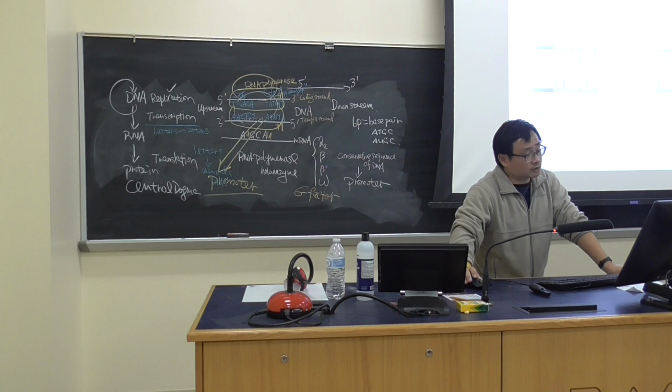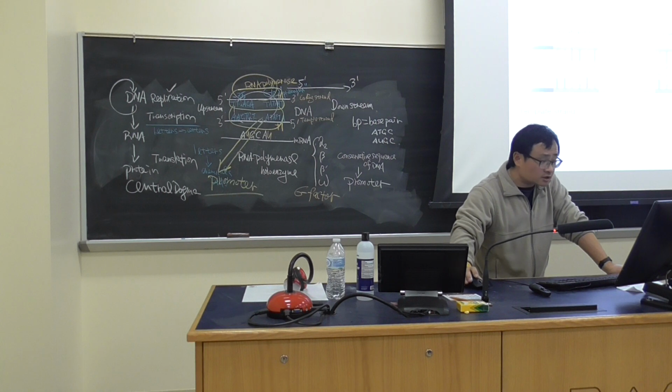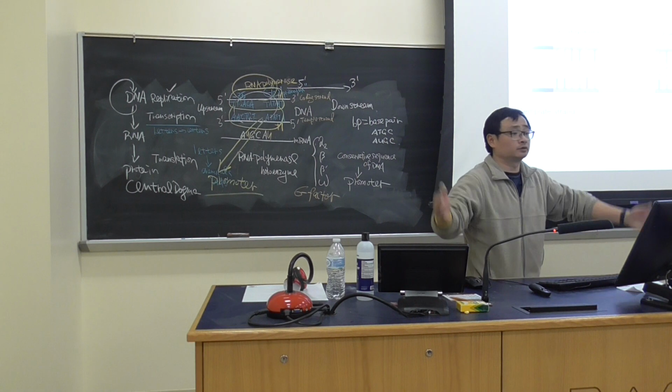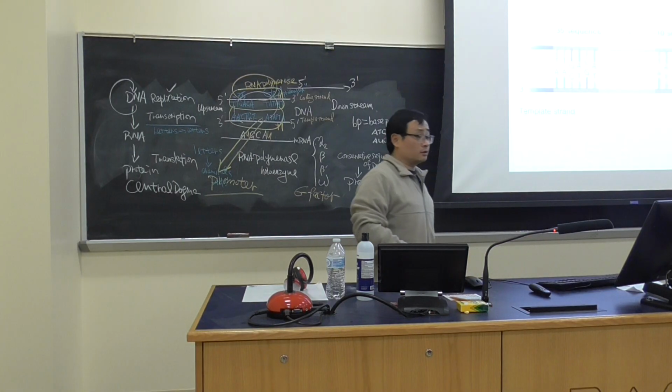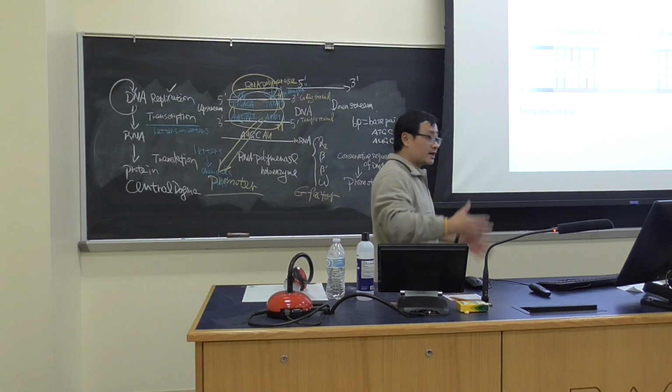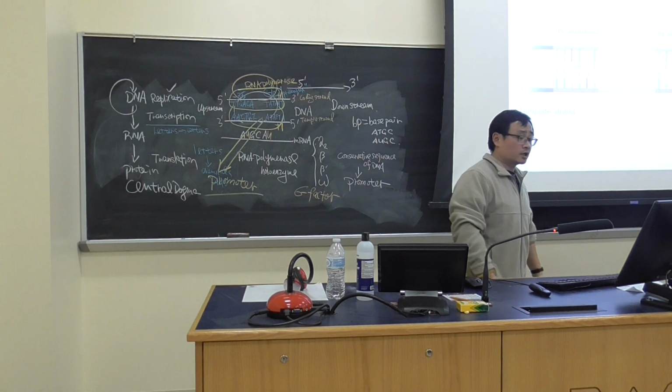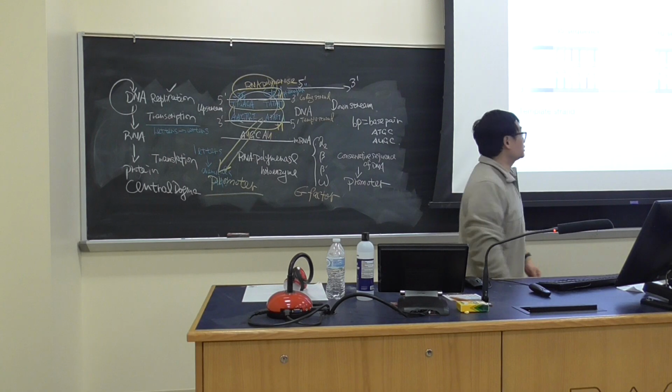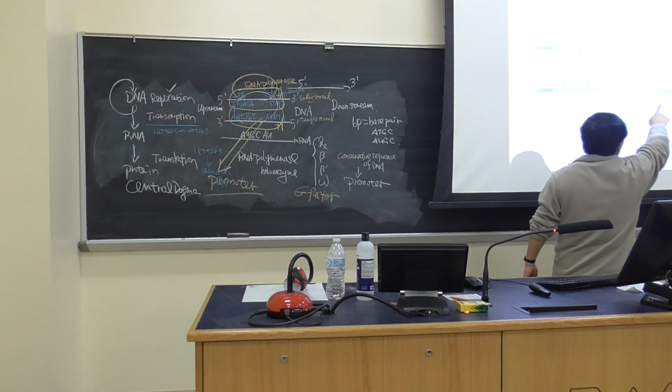That's called the Pribnow box. Around 16-18 BP upstream is -35, TTGACA, and this whole area is the promoter region. So in exam 3, if I ask you to label the promoter, can you label it? Very simple. Look at its conservative sequence.